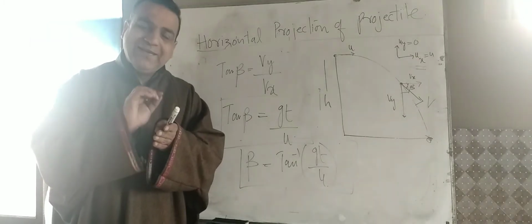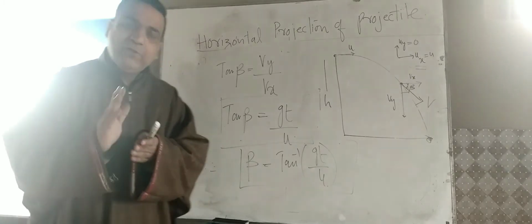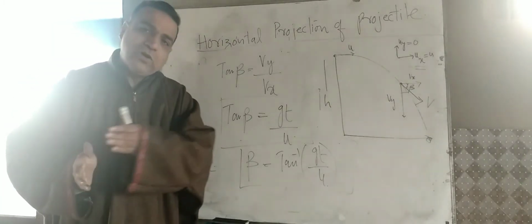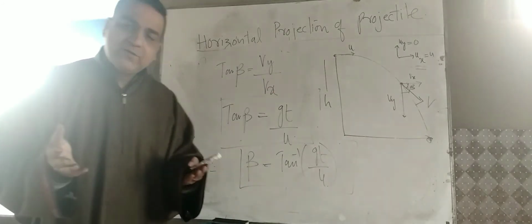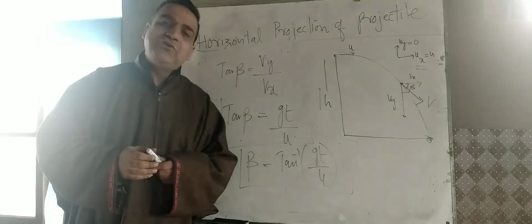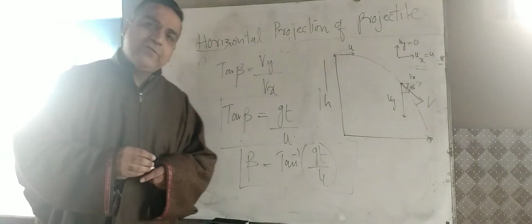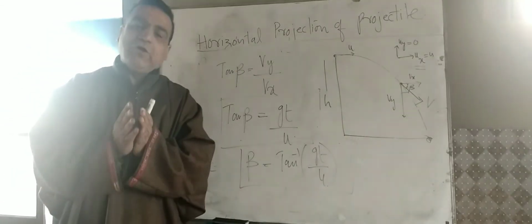That came out to be t equals the square root of 2h by g. Then we calculated the horizontal range. The horizontal range is the total horizontal distance covered by a projectile. We obtained the result of range, and that range is u times the square root of 2h by g. Then we calculated the velocity of this projectile.